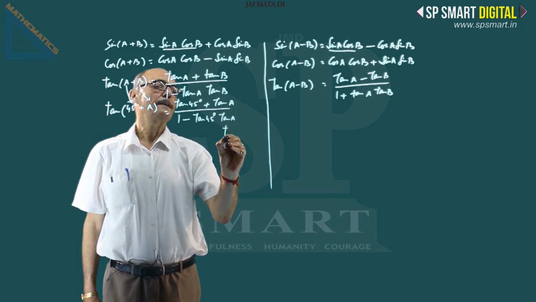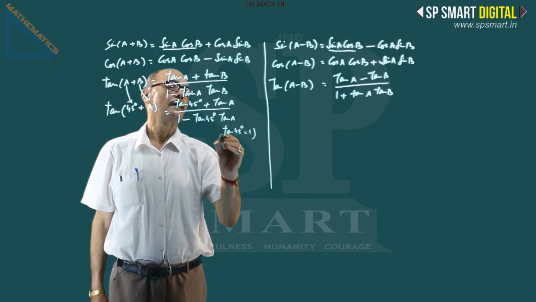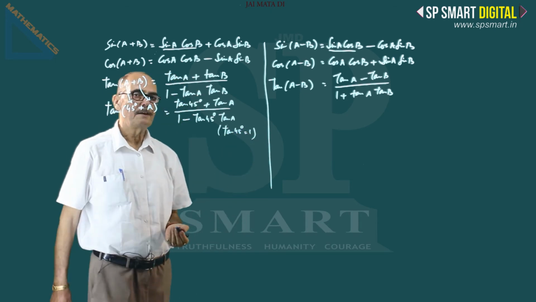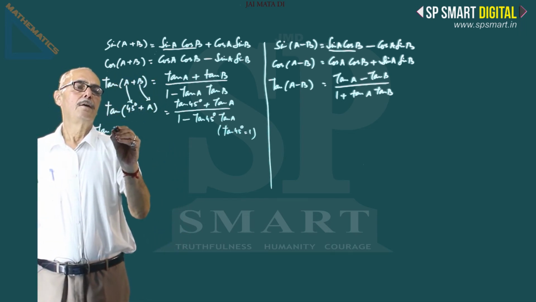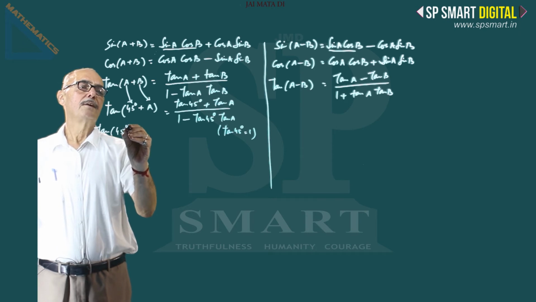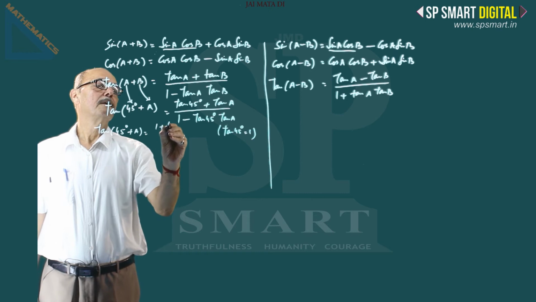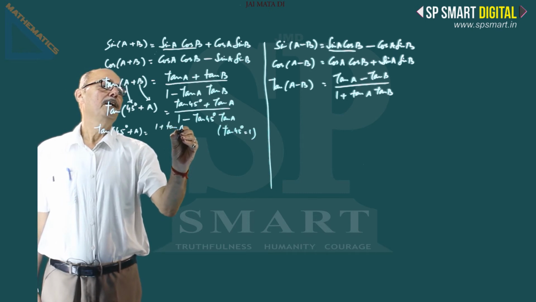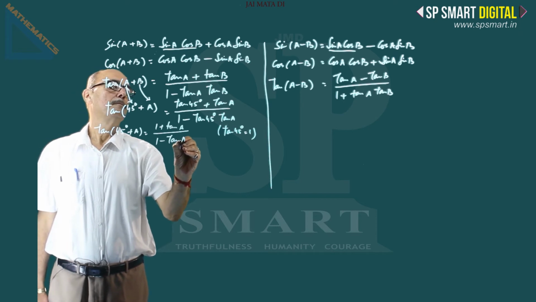We know that tan of 45 degrees is 1. So, we replace tan 45 by 1. So, tan of 45 degrees plus A is 1 plus tan of A over 1 minus tan of A.